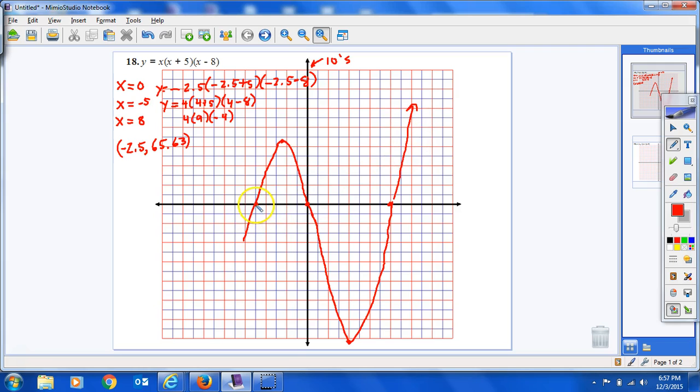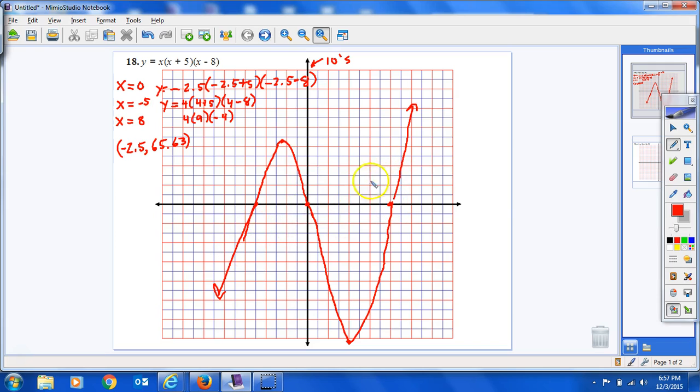And we talked earlier about end behavior, why this will go up forever on the right. It's because my lead coefficient, if I did multiply all this out, you probably could see that the lead coefficient would be positive. And hopefully you see that the fact that I have 3 x-intercepts or 3 zeros means that this is a cubic function.